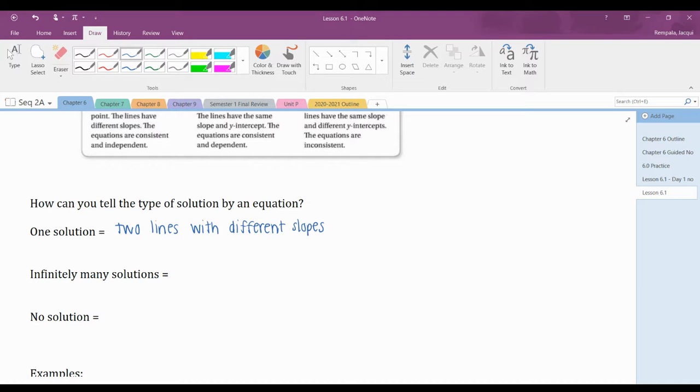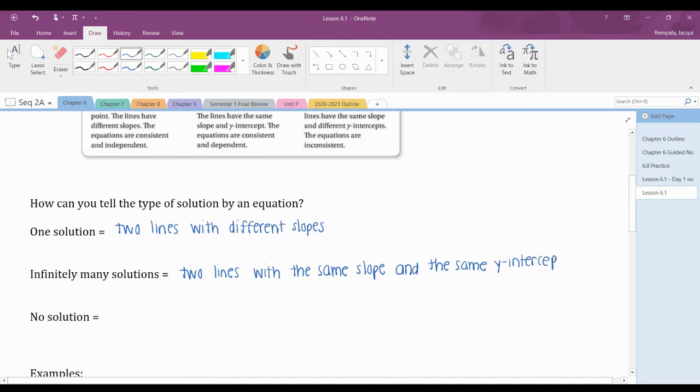To have infinitely many solutions, this is where you're going to have two lines with the same slope and the same y-intercept.